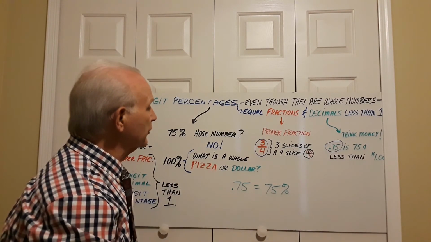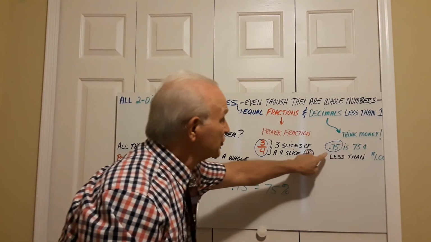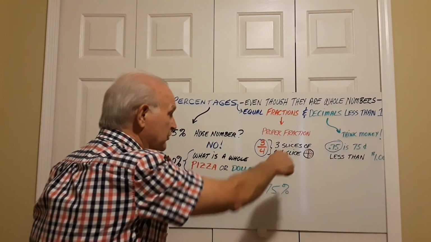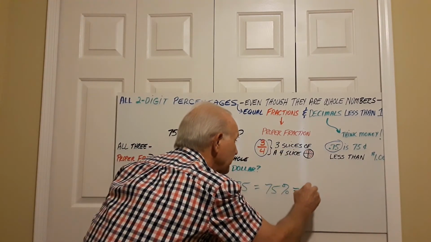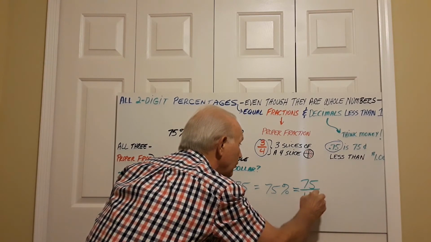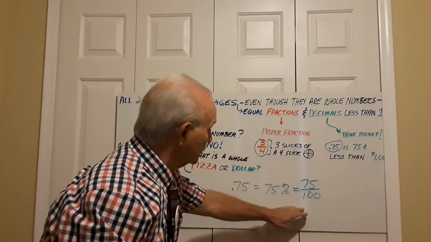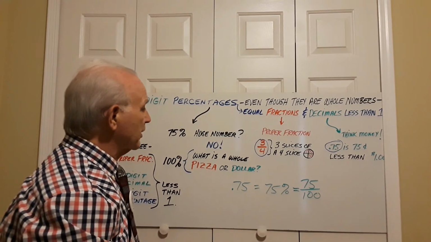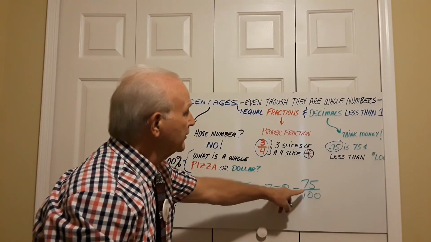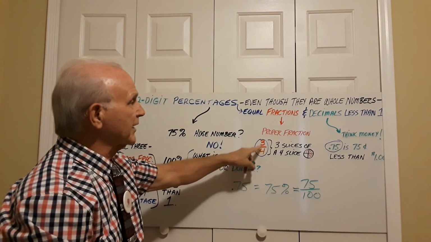And the reason for that is this is a number out of 100, and so is this. If you know your place values, you know the fraction for this is actually going to be 75 over 100. These are all equal right here. And this is 75 over 100. Now you know this 75 over 100 is actually 3 over 4.